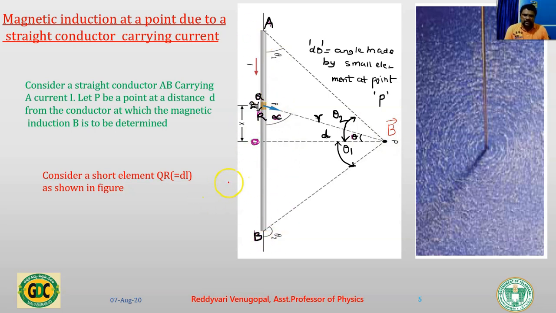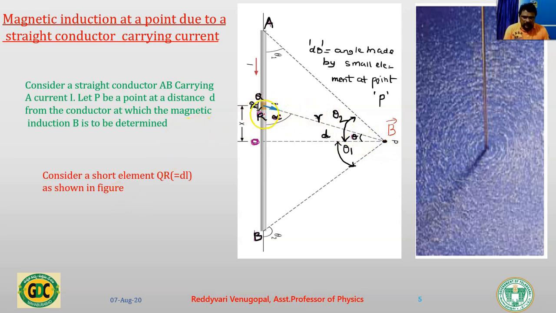Okay. So for this, we are considering a small element of that particular conductor, which is QR and of length dl bar. It is situated at distance x from the center of the wire, and it is at a distance of r from the point P. Okay.